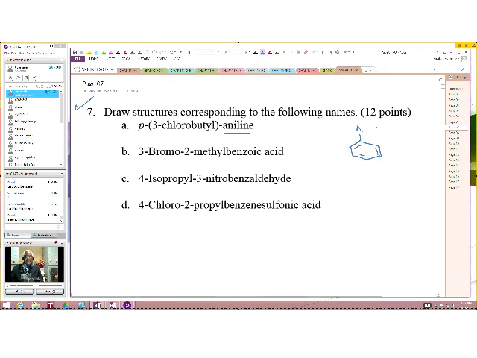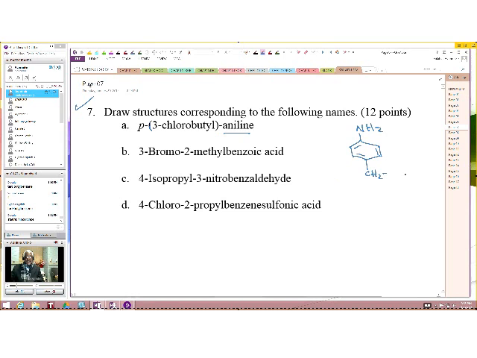Now, it says p-3-chlorobutyl. That tells us that this group is in the para position. It is a complex group. You notice they put this in parentheses, right? 3-chlorobutyl means you have a butyl group.